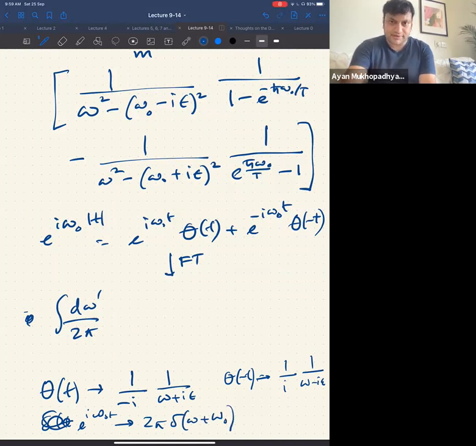Okay, so now let us try to put everything together with this. So what is the Fourier transform of this? So first I can convolve with it, so I get 1 by minus i times (ω minus ω′ plus iε).